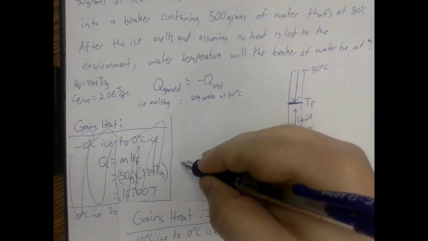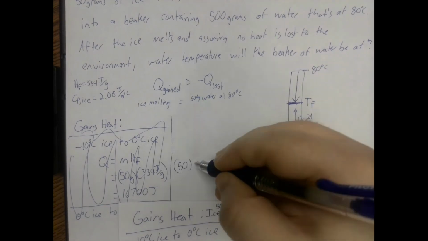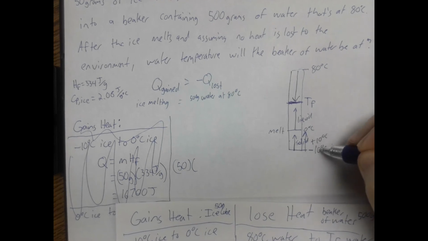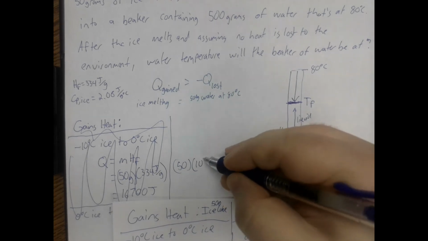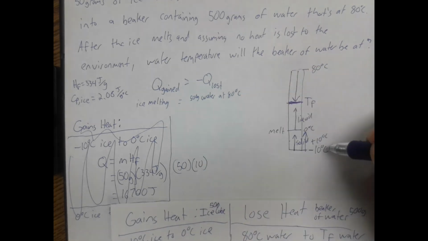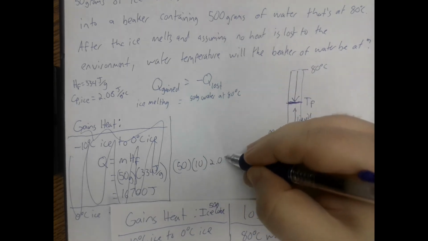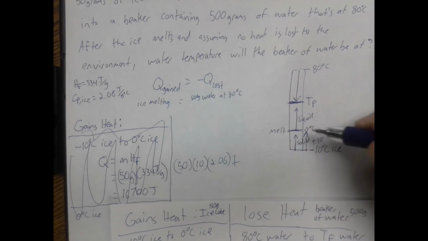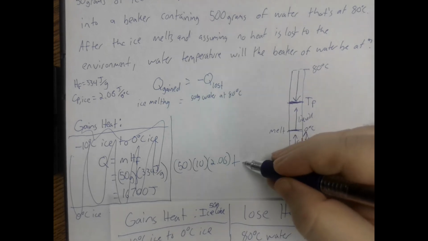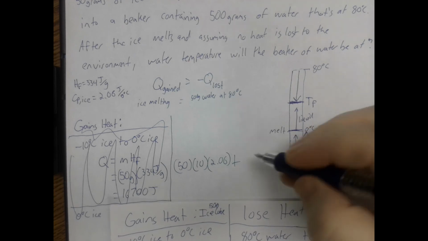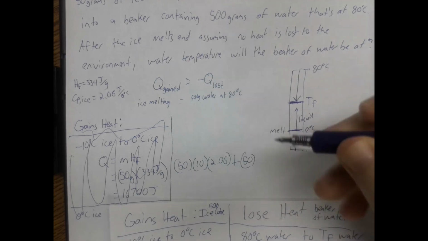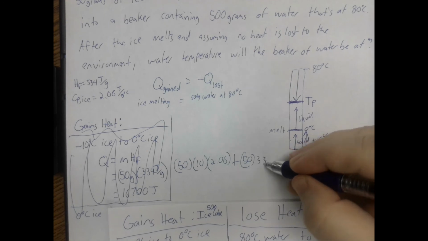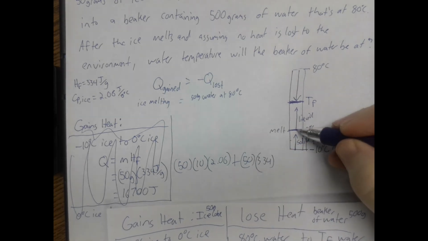In which case I'd write my equation. 50 times the change in temperature. I added 10 degrees Celsius, go from -10 to that. For ice, it's 2.06. Then I add the melting phase. Melting phase would be mass 50 times heat of fusion, 334. And then we need to go up.